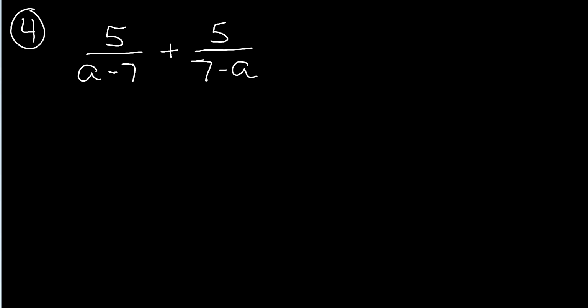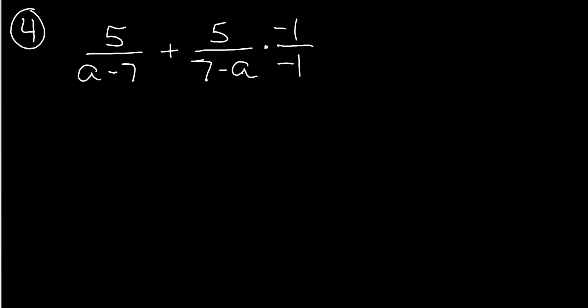Okay, for number 4, I see my denominators are opposites of each other. To make these the same, I could multiply them by each other, but a simpler way is to multiply the top and bottom here by negative 1.